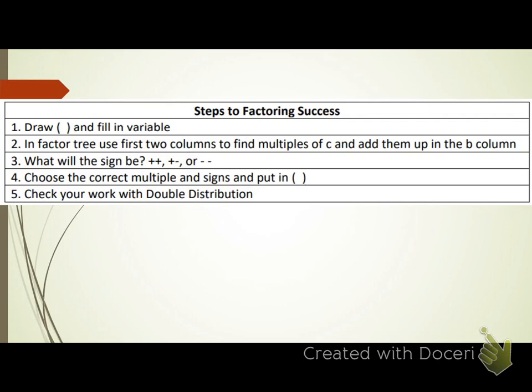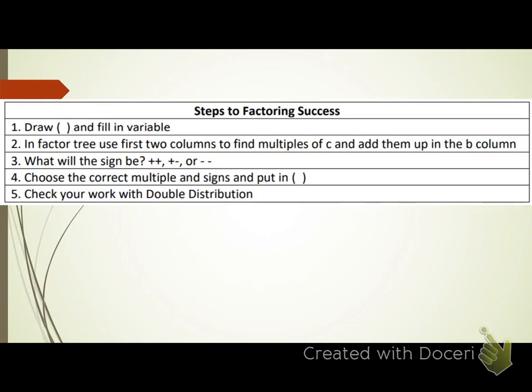Write these steps down. These are the steps we're going to use to factor our polynomials today. So when we're factoring, we're going to have 2 sets of parentheses. Those are going to be our 2 factors of our polynomial. So step 1 is draw your parentheses and fill in using whatever variable we're going to use.